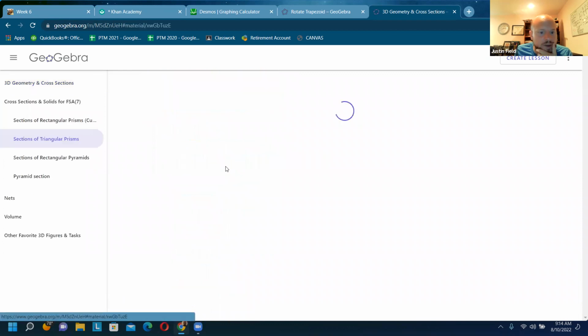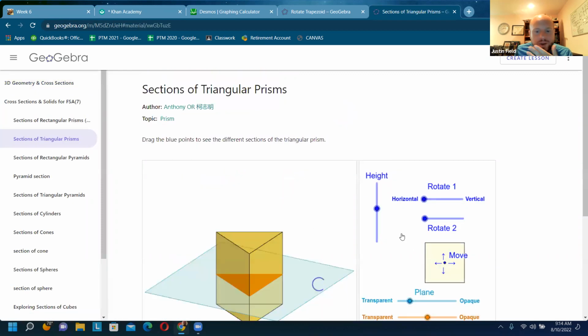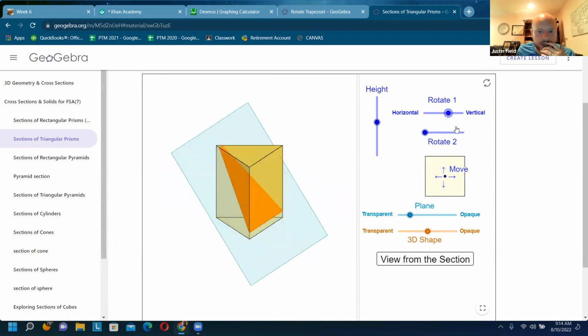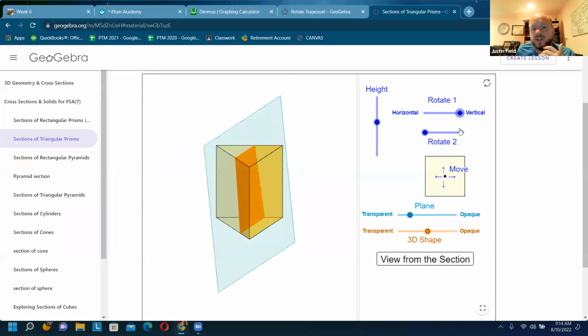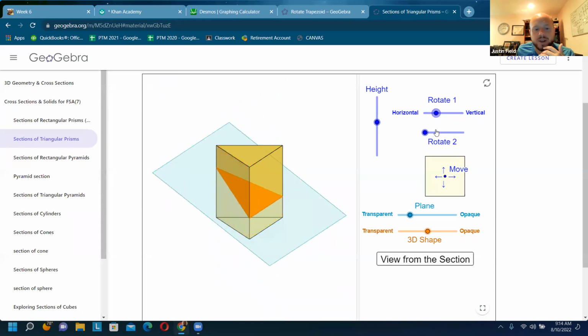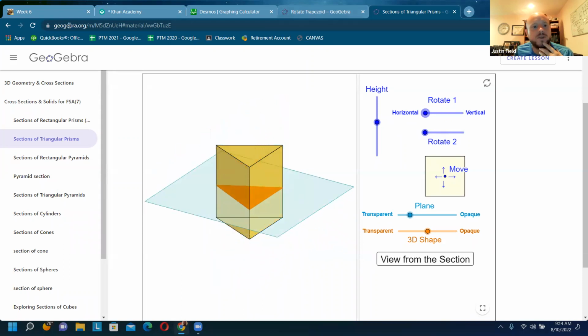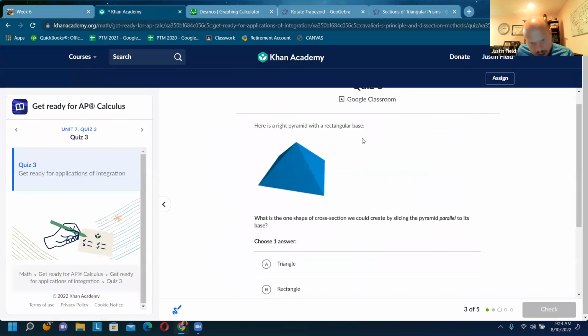You can look this up too, but it's just to show you what a cross section is. You can rotate that blue slicer, and then you can see the different shape. We could get a trapezoid, we can get a triangle, and we can even get a rectangle. So it's really helpful to visualize these cross sections.